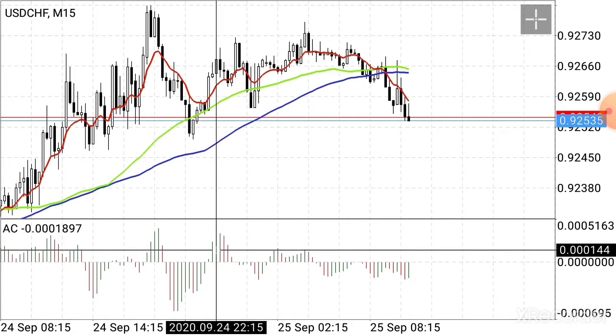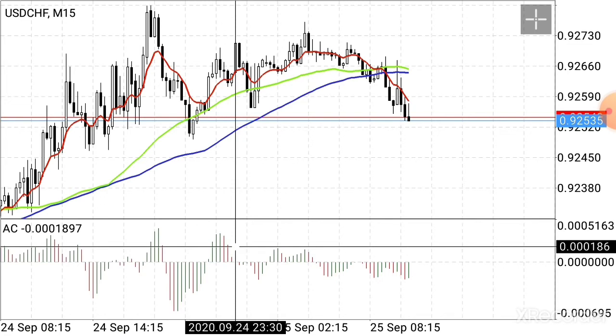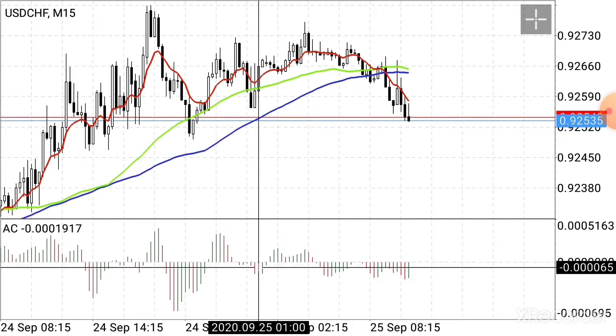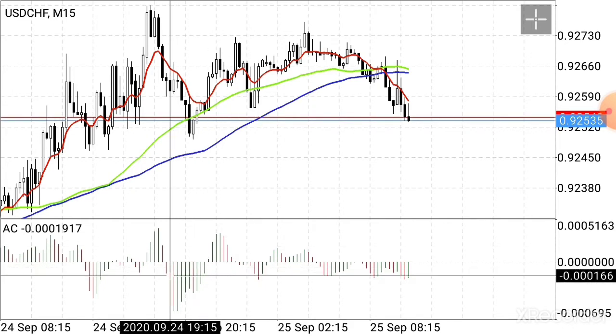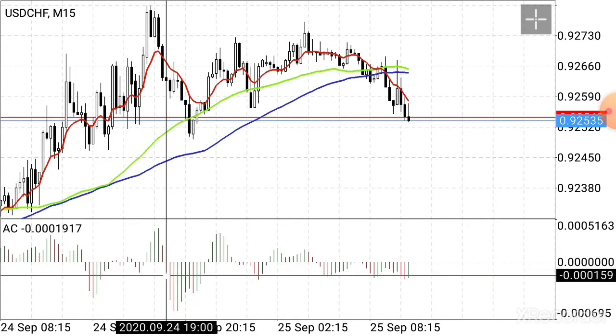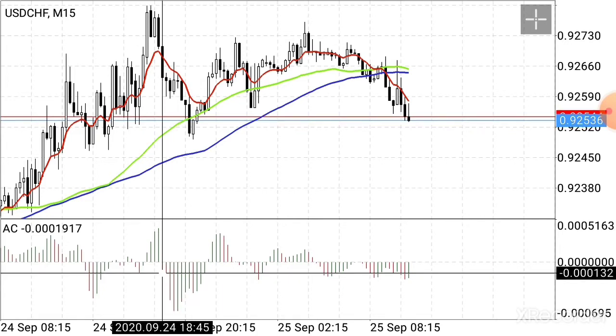It actually signals that the buying is slowing down. When it's above the zero, it doesn't necessarily mean that we've officially entered a state of selling. It just means the buying is slowing down at the moment until it passes the zero level, at which point the red bars below the zero level will signal acceleration to the downside, or selling.